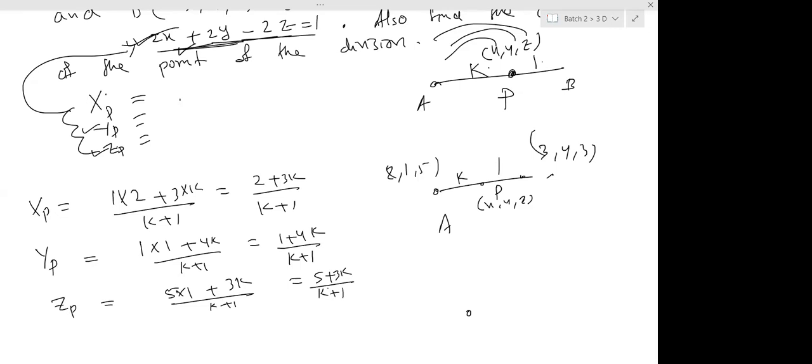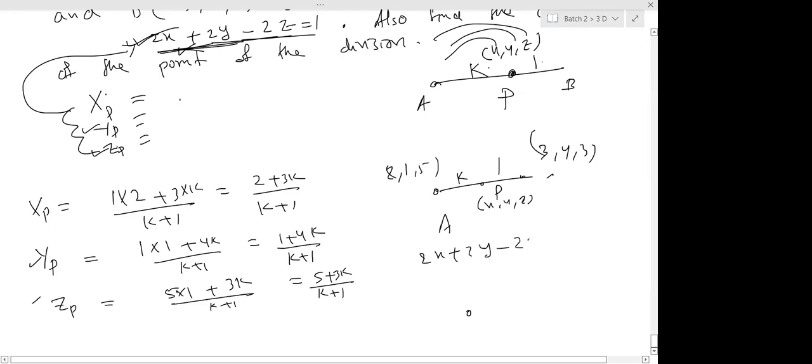All right, Peer, is it clear till now? I did nothing except apply the formula, right? Now see, they are saying this point xp, yp, zp is in the plane 2x + 2y - 2z = 1, right? This point P lies in this plane. So these coordinates will satisfy this equation.